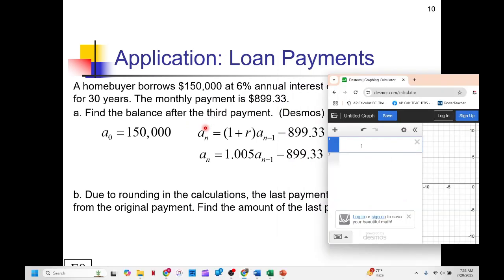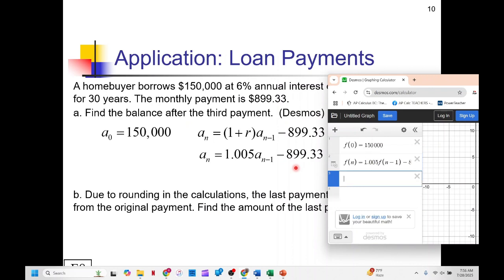So here we are. Let me write out my base case. So f of 0, we're going to call that 150,000. And then for f of n, that's going to be our recursive rule. So 1.005 times f of n minus 1 minus our monthly payment of $899.33.